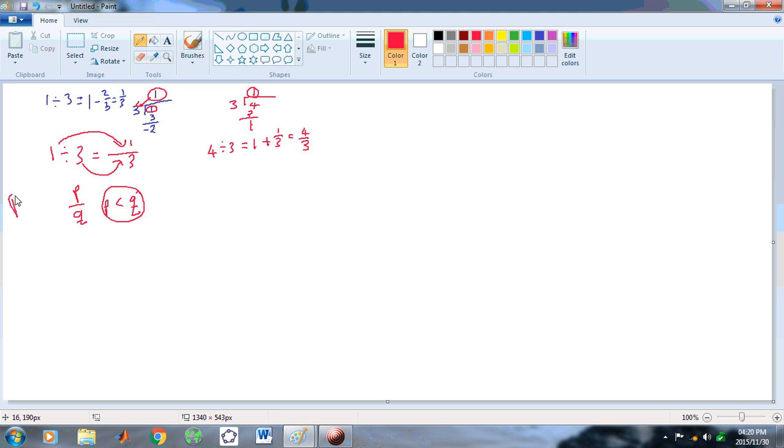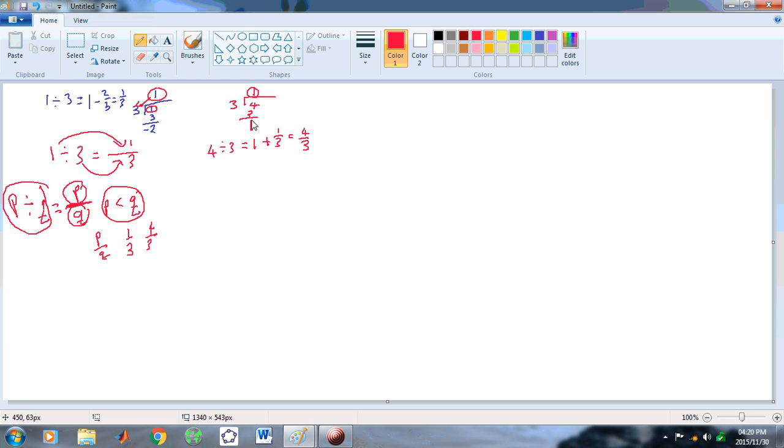So if you say p divided by q, while this can be done geometrically, it can't be done algebraically. So we simply state the division as p over q. This is not something that still has to be divided. It has been divided. It is a number. P over q is a number, just as 1/3 is a number, or 4/3 is a number.